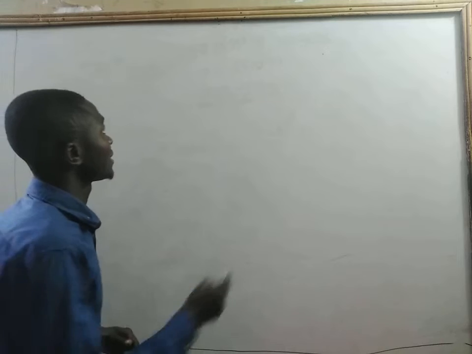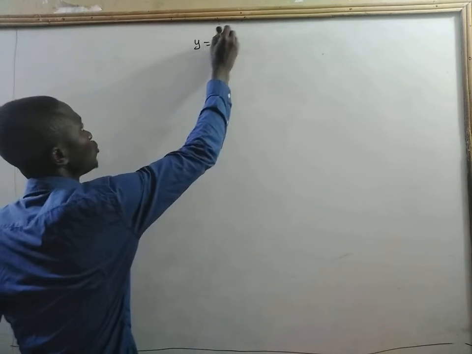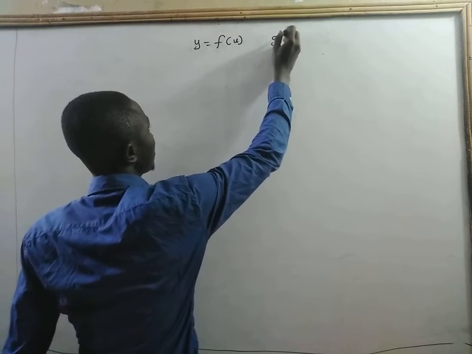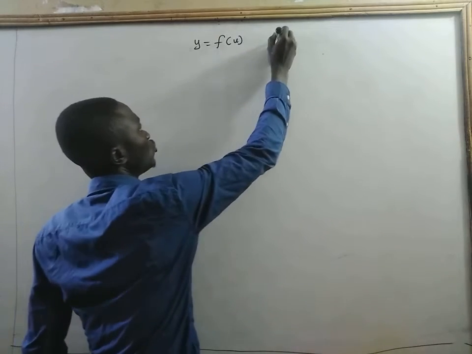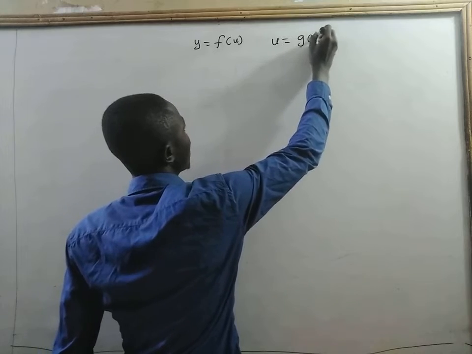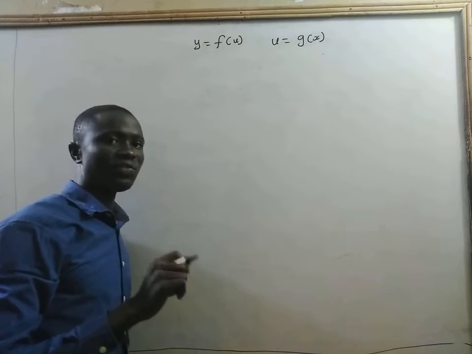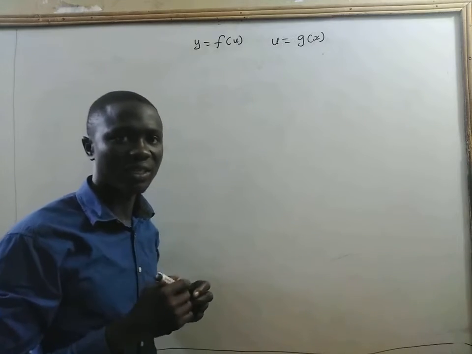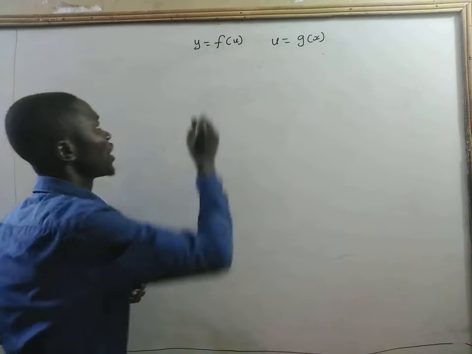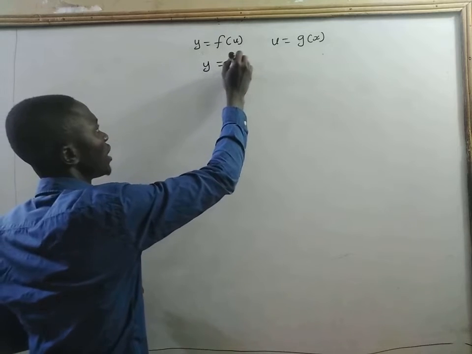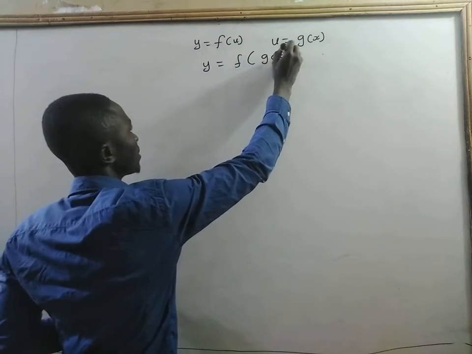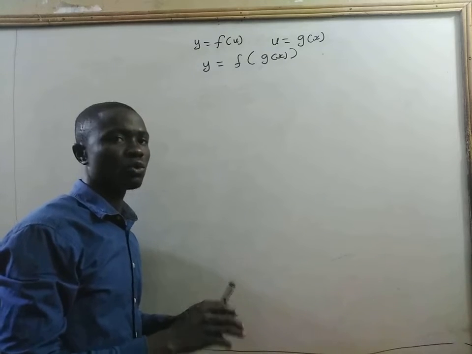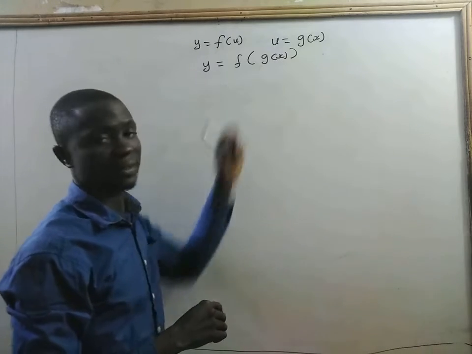Now suppose that y equals f of u and u equals g of x are differentiable functions of u and x respectively, then the composite function y equals f of g of x is also differentiable of x.